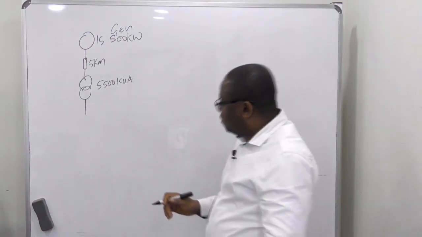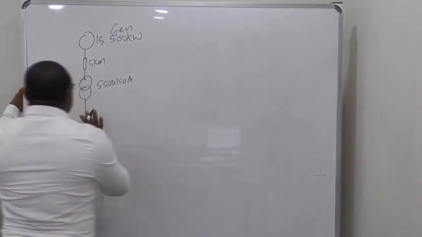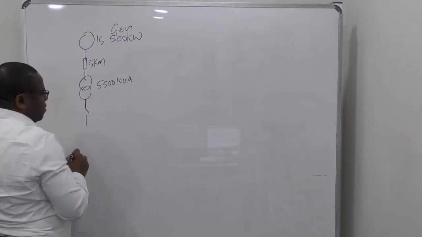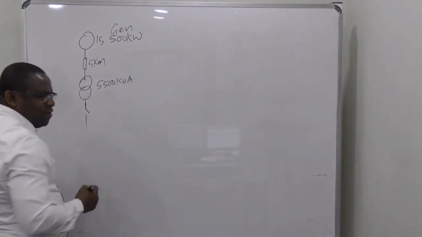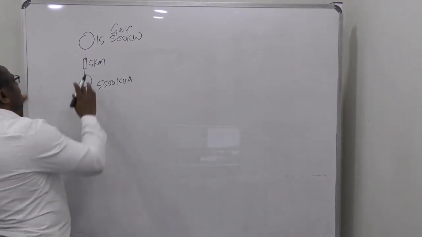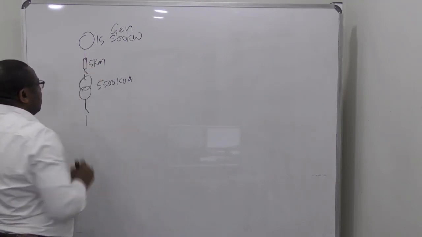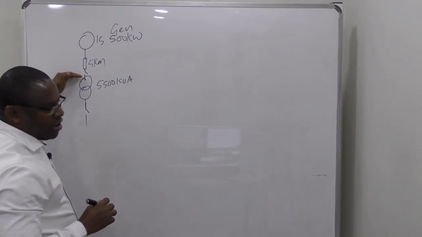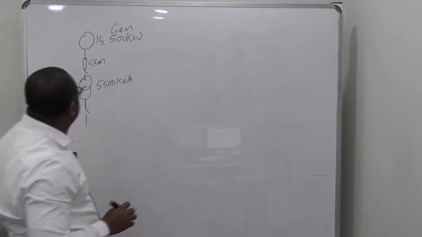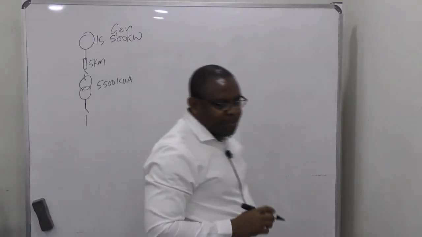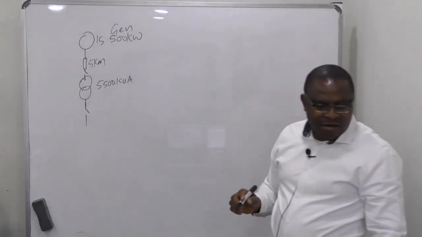Okay. If I'm going to put a switch gear here, what will be the fault level at this point? And if I'm going to put a switch gear here, what will be the fault level at this point? So the high voltage and the low voltage side. Okay, the gen reactance, let's see.